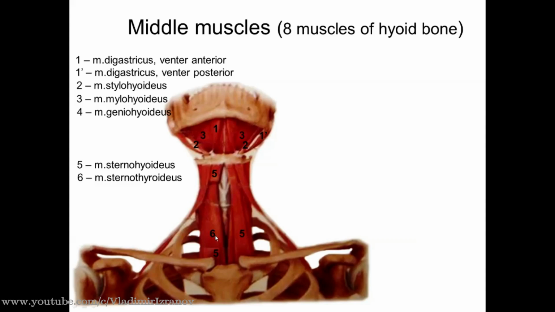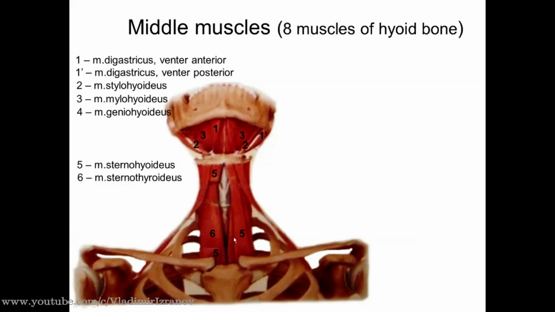That means number 6 is deeper than number 5. And if we didn't cut anything, can we see musculus sternothyroideus? This is part of musculus sternothyroideus on the left side.